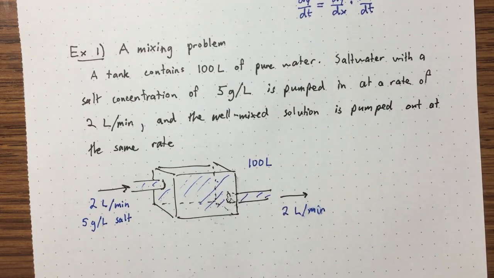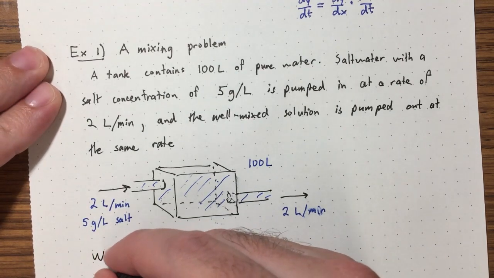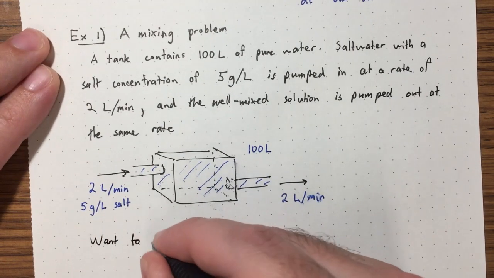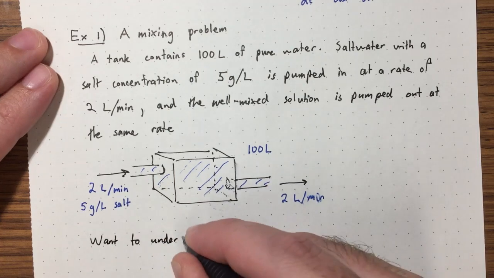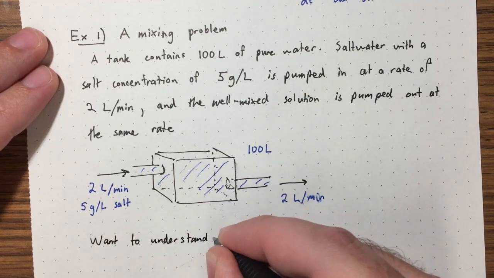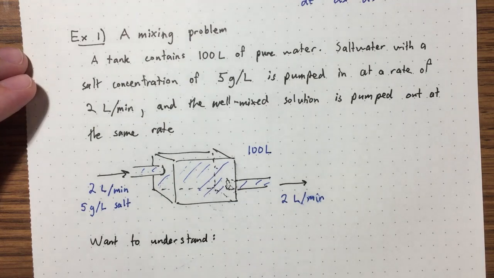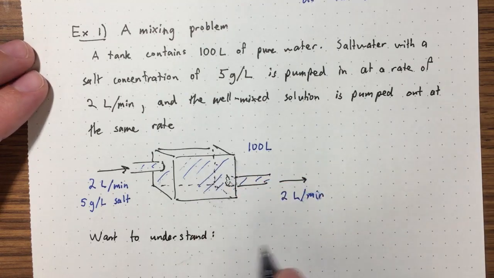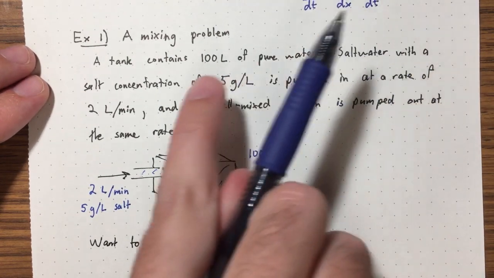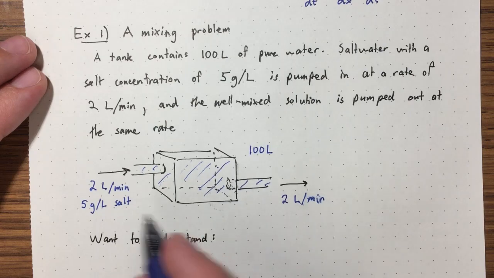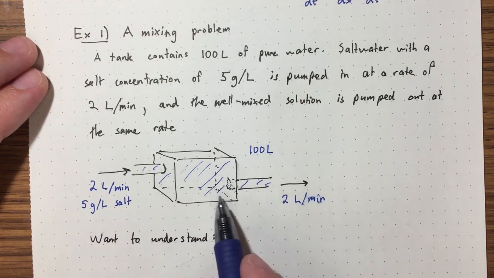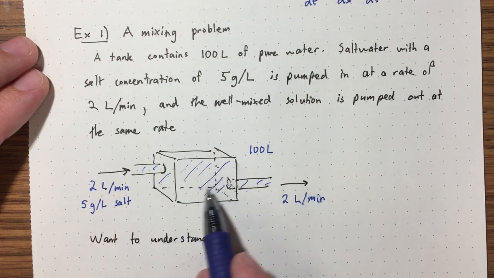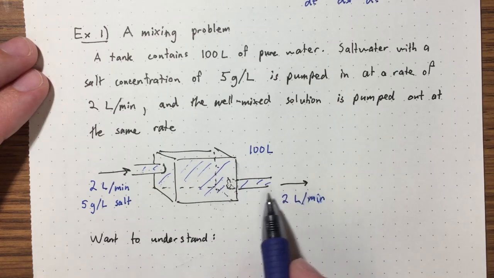All right, so what would we like to understand in this problem? Well, the natural thing we'd like to understand is how much salt is in the tank. It starts out with 100 liters of pure water, but we have salt water coming in, and then it's mixing around in here, and some of it's coming out.